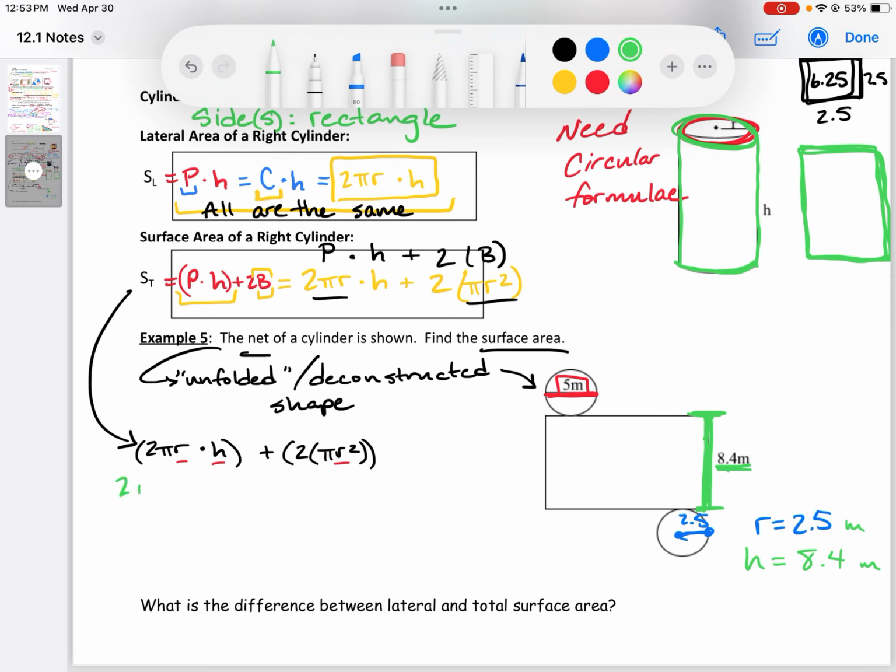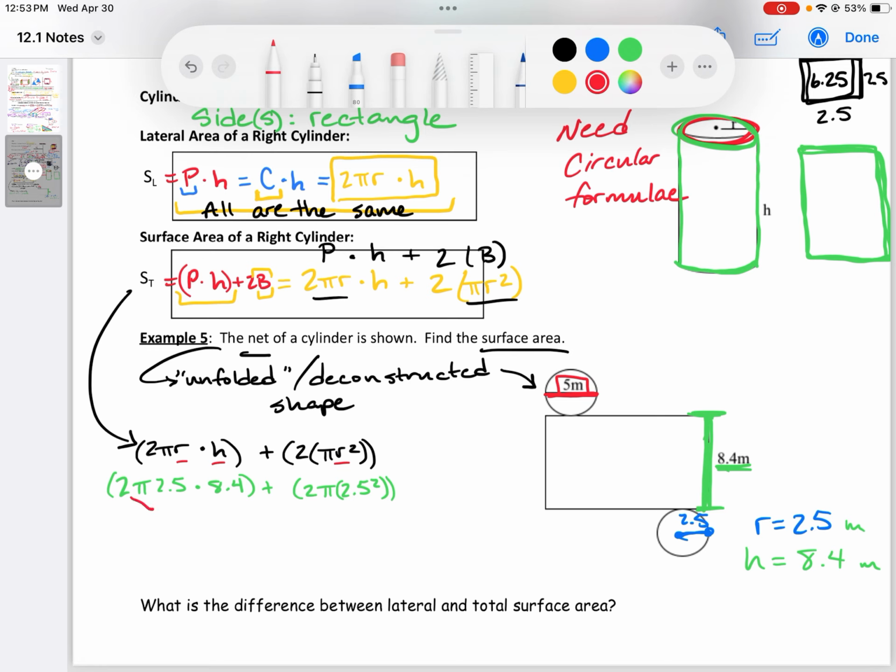So I have the two numbers I need, and I just need to plug them in now. 2 times pi times 2.5 times the height, which is 8.4, plus 2 times pi times radius squared.